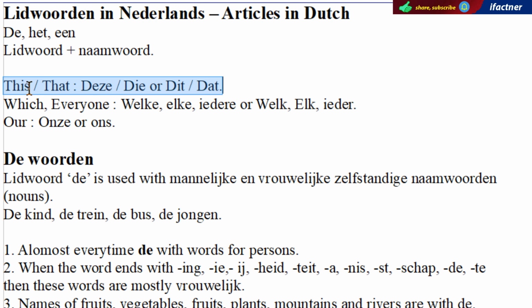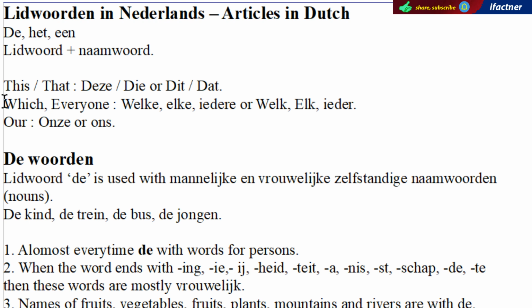For example, in Dutch, for this and that, we can either use deze for this, die for that, or dit for this and dat for that. It depends upon the Lidwoord, de or het.